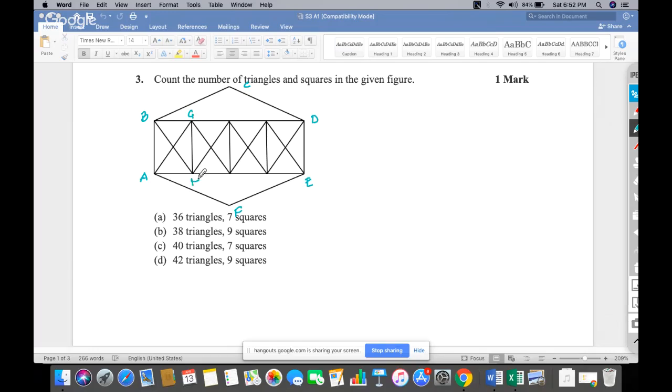G, H, I, J, K, L, then these ones, M, N, O, P. So marking is done. Now again, in this kind of question, the concept of components come.